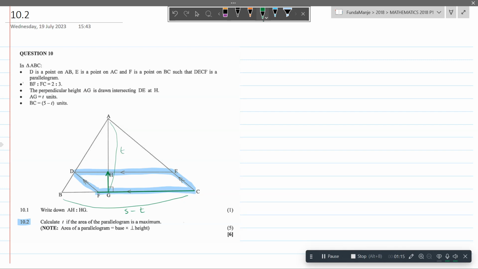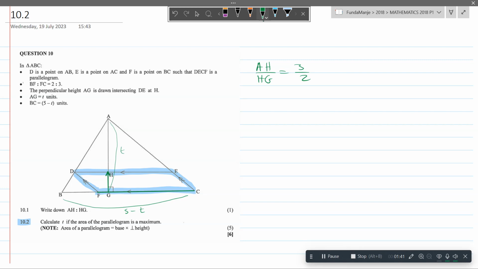That is T units. Now we need to create some form of ratios with T based off of our previous calculations. So in our previous question, we found that AH over HG was equal to 3 over 2.